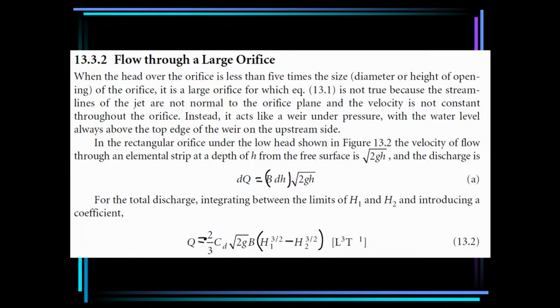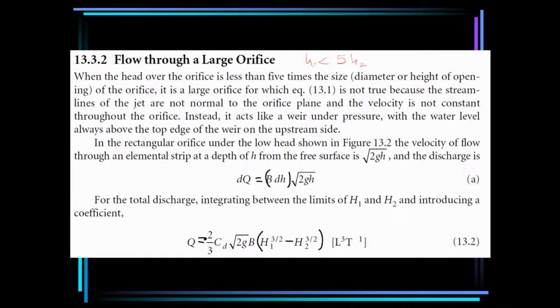Here it says if the head over the orifice, H, is less than 5 times the diameter or height of the opening. The head, if we call this H1, is less than 5 H2.